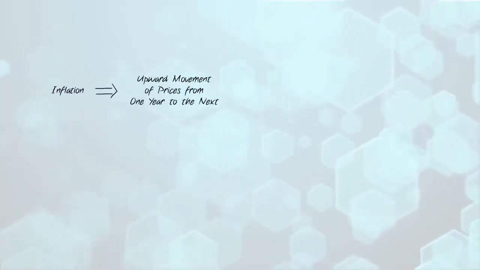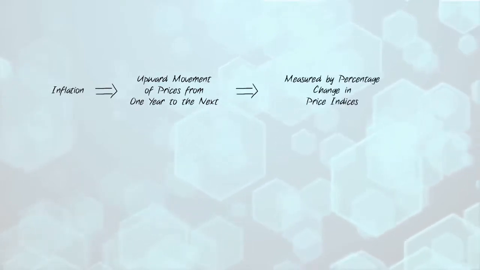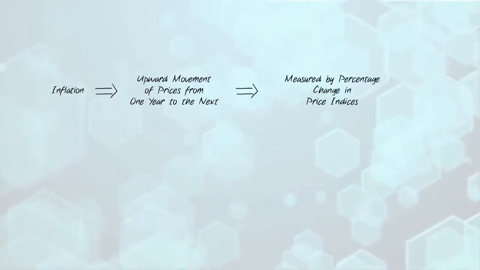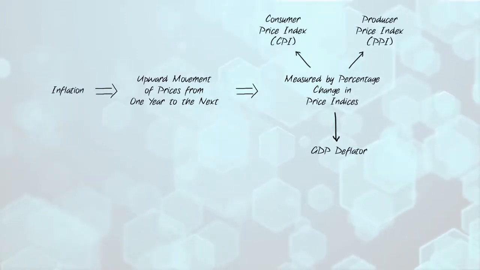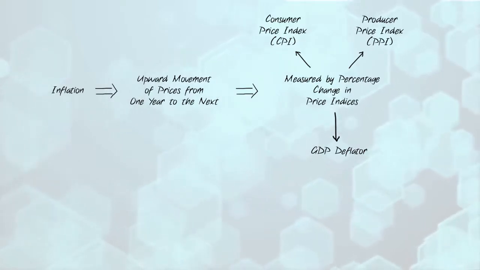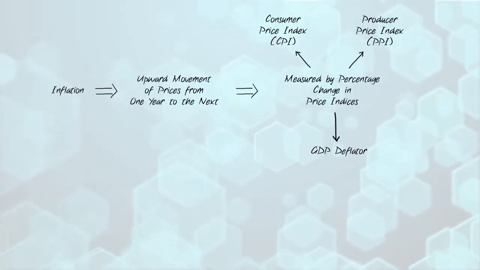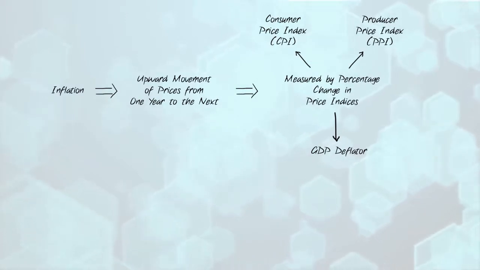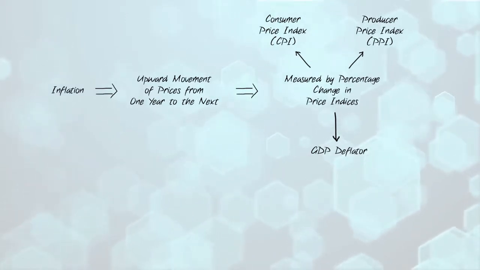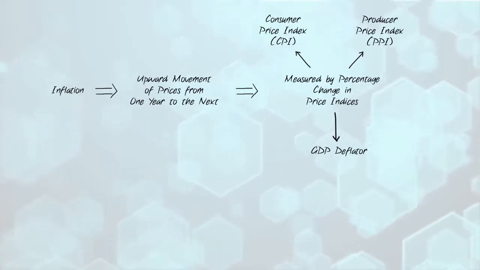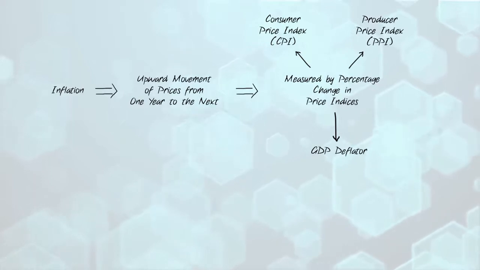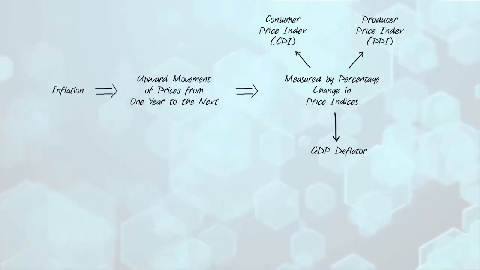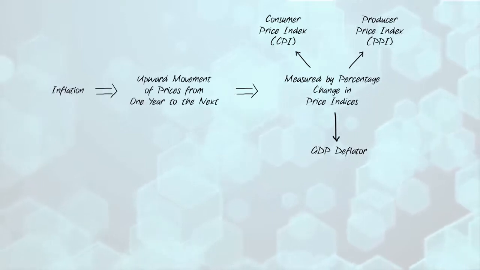Inflation is defined as an upward movement of prices from one year to the next. It is typically measured by the percentage change in price indices, such as the Consumer Price Index, the Producer Price Index, or the so-called GDP deflator. For example, the Producer Price Index is based on a number of important raw materials, while the most widely used measure of inflation, the Consumer Price Index, or CPI, is calculated by pricing a market basket of goods and services purchased by a typical household.